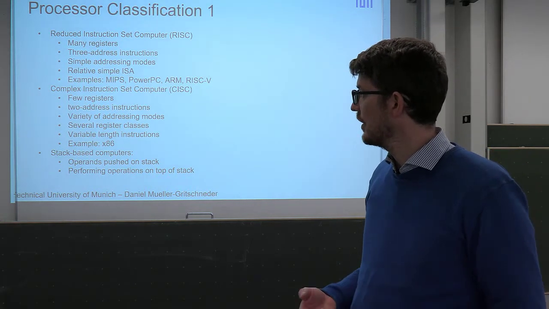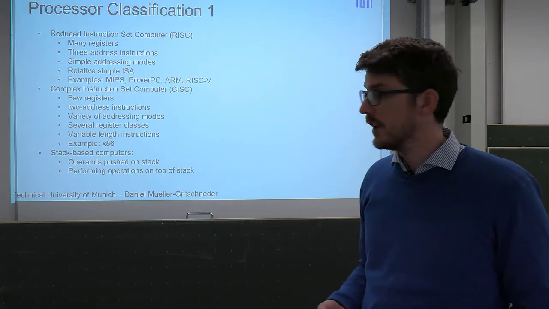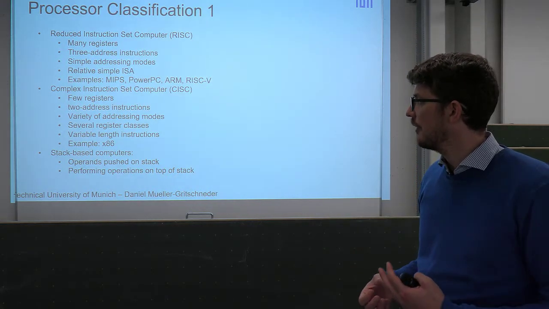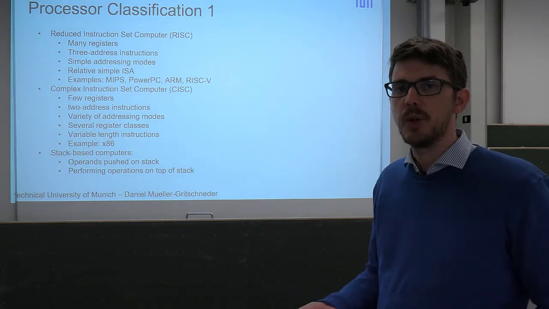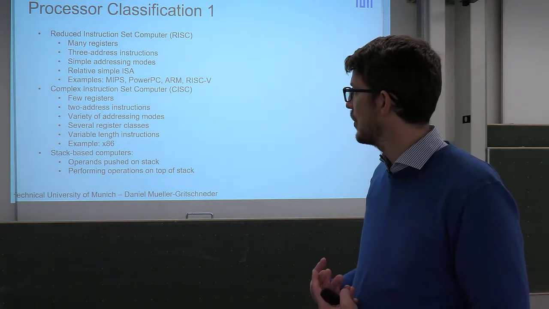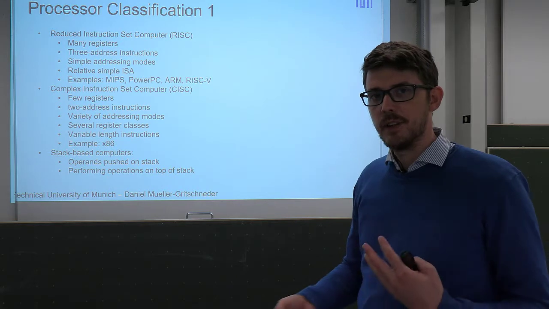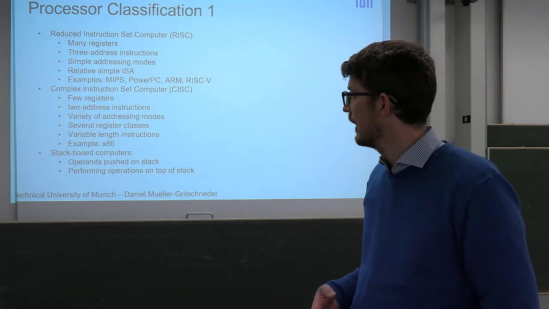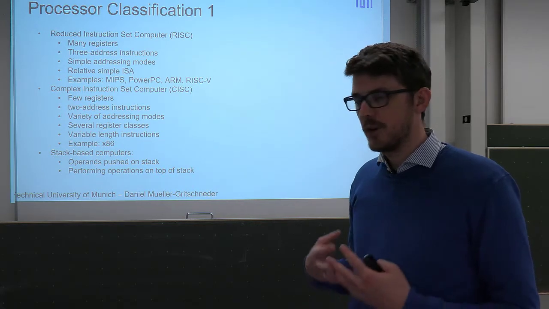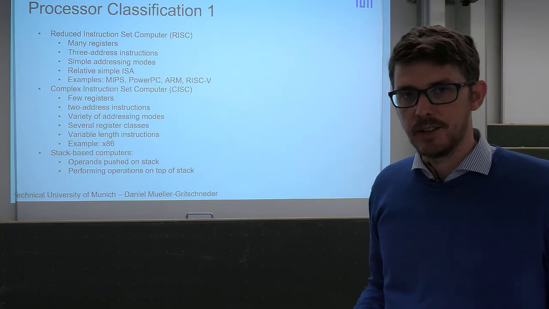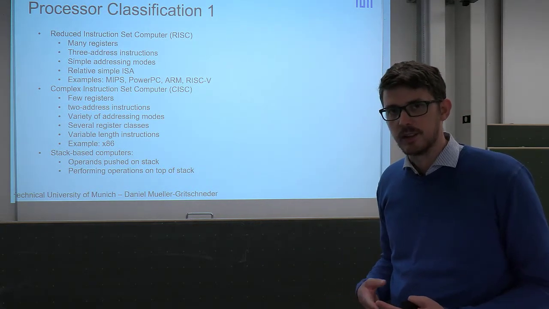They have fewer registers. They usually have only 2 address instructions, but they have a wide variety of addressing modes where you can also modify data in memory. They have very different classes of registers and very different lengths of instructions. And of course, one typical example is x86, which is a CISC instruction set.